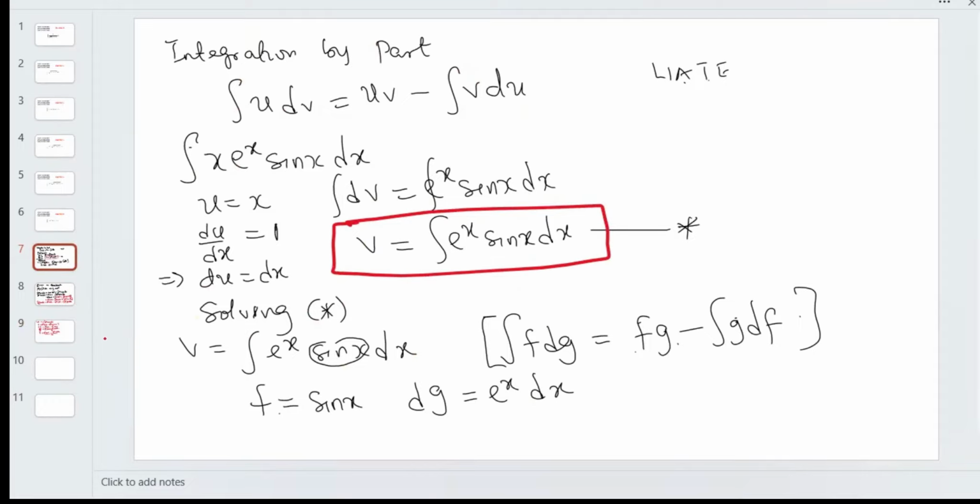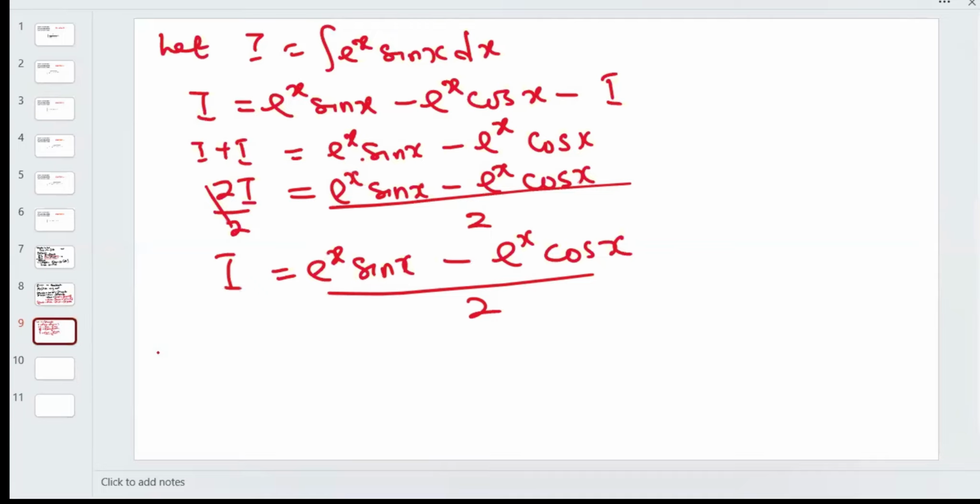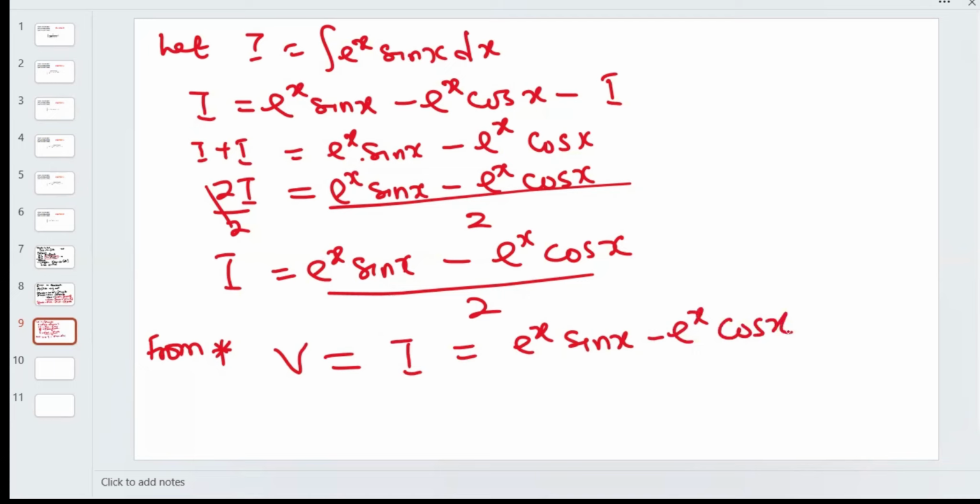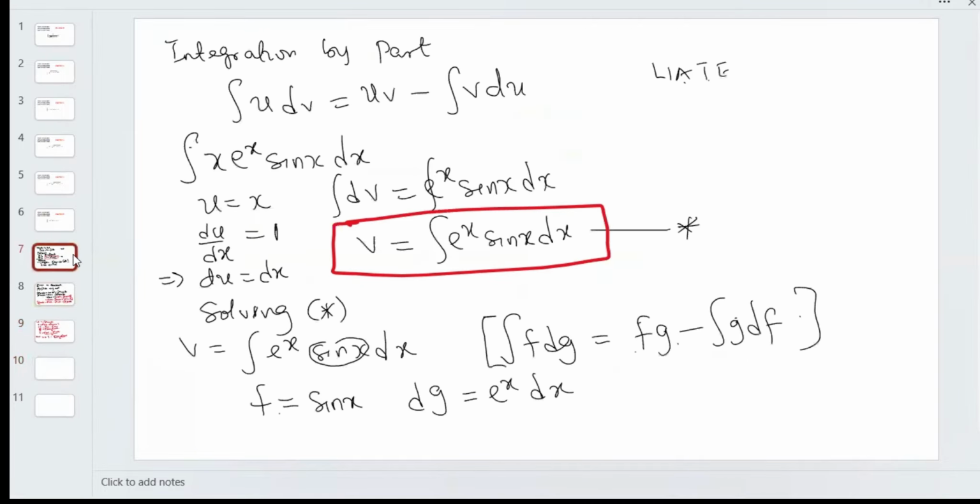So I am now sure that, from the star, v is equal to this I. So v is exponential x sine x minus exponential x cos x over 2, which is amazing. That is very, very much amazing. We can now go back and solve for the original expression that we have.